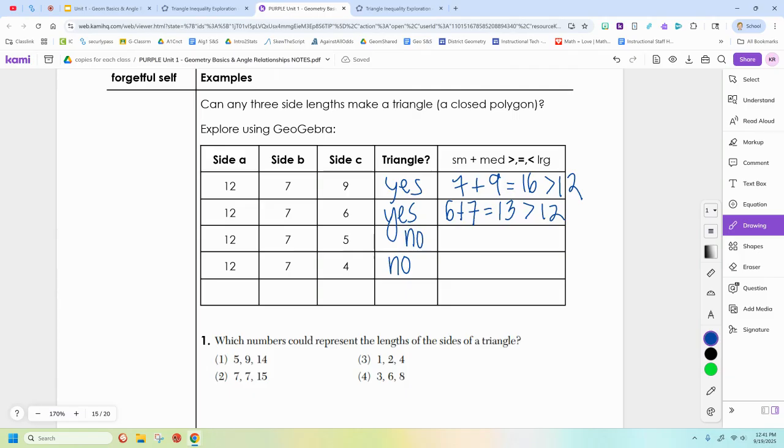But if I do 5 plus 7, that's only equal to 12. So remember, that's the spaghetti sticks laying on top. That didn't make a triangle. And then if it's 4 plus 7, which is equal to 11, that's less than 12. And that's our T-Rex.